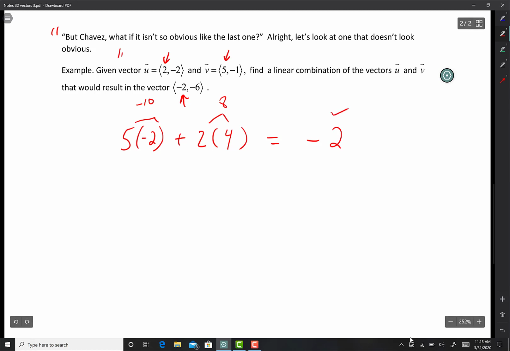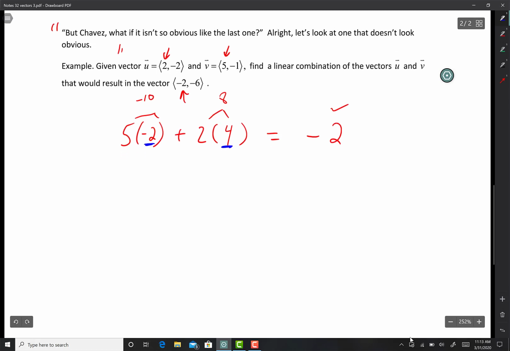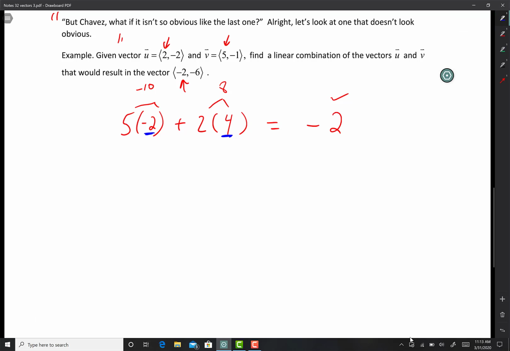So this is a magic number. Negative 2 and 4. I'm going to check if these work. The 5 was with the v, so I'm going to write negative 2v. Negative 2v is going to be negative 2 times 5 comma negative 1. What I'm doing is getting the magnitudes here, guys.